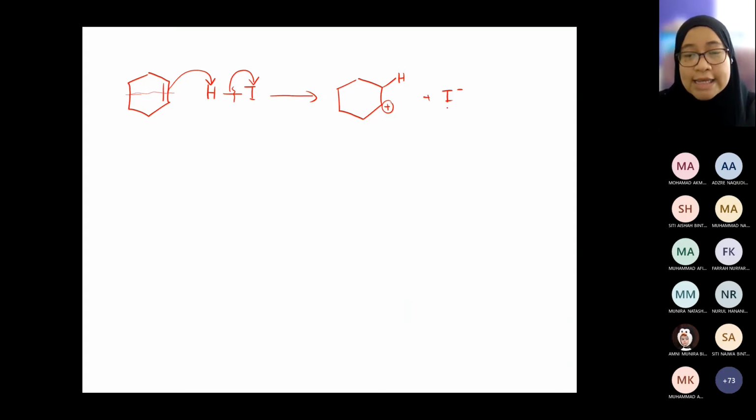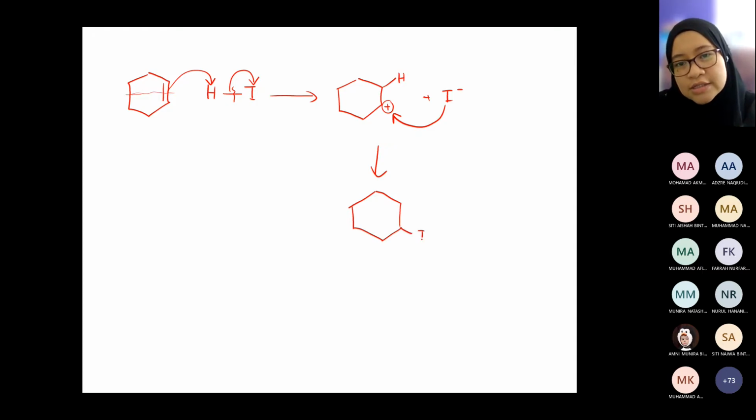This iodide will behave as a nucleophile and attack the carbocation, which now behaves as an electrophile, and attach itself there. So you will have iodine here.